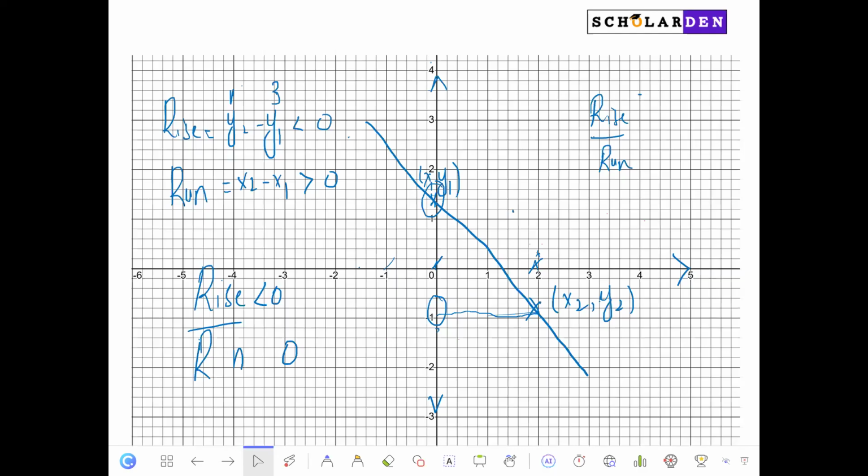So in this case, your slope is going to be less than 0. The point I wanted to convey through the slide is that slopes are not necessarily always positive. They can be negative as well.